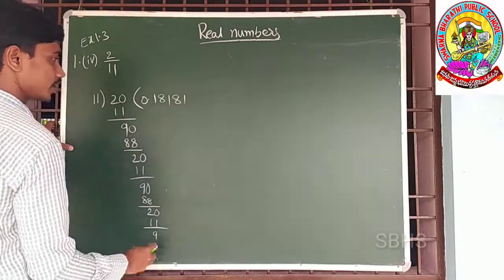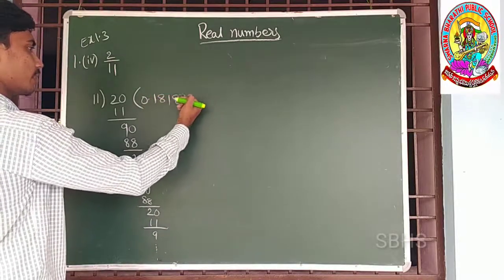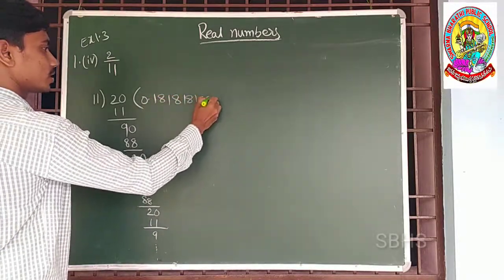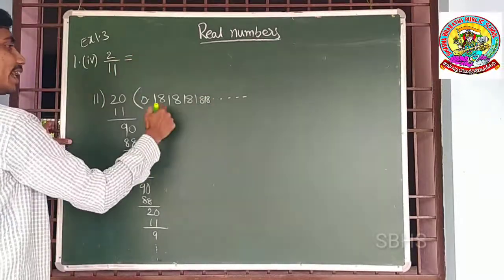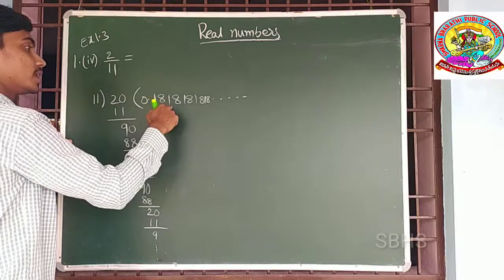It is still continuing, just like 18 18 18 18 and so on. So that is why it is a non-ended decimal, 0.18 bar, non-terminating.